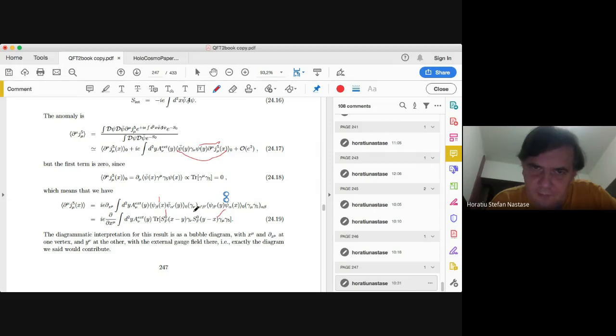Yeah, so then contracting the indices, I have this trace of propagator x to y, γ^ν, propagator y to x, γ_μ γ^5. And then at y, I have this insertion of the external gauge field A_ν, external at y.